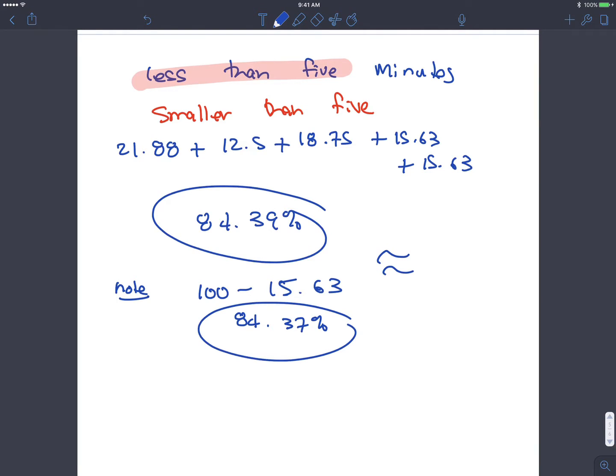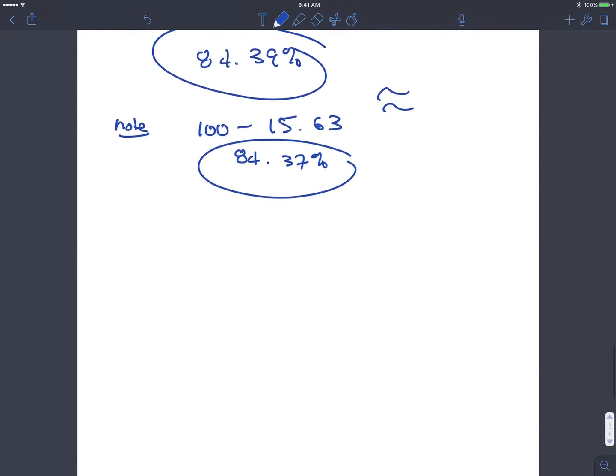Okay, now we can go to the next one, which is no more than 1 minute in line. What percent waited no more than 1?